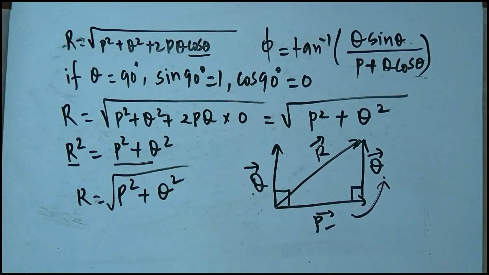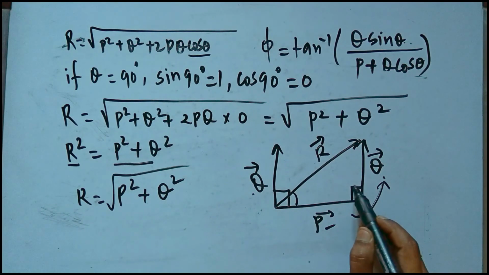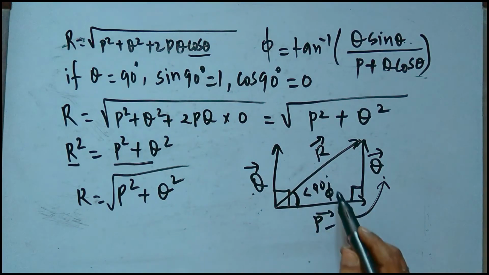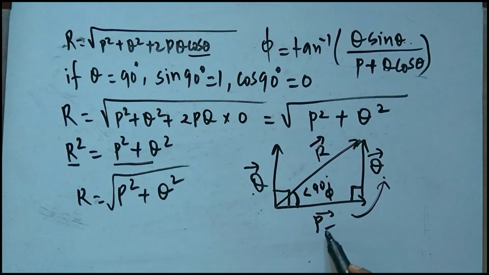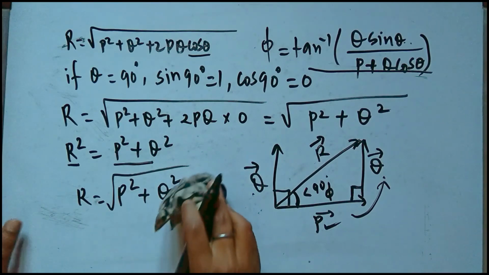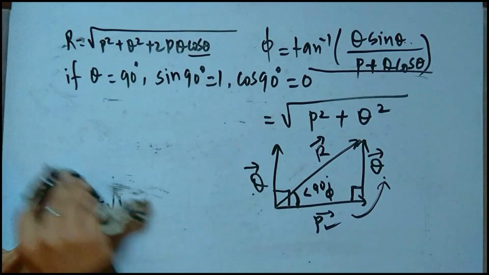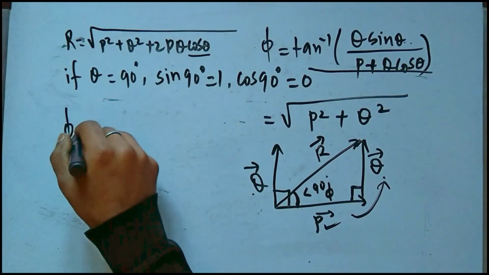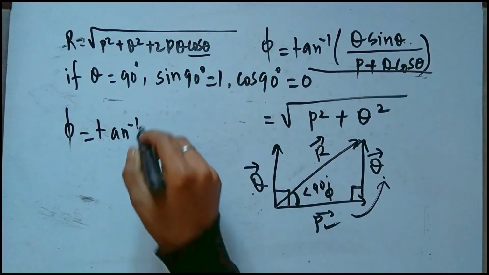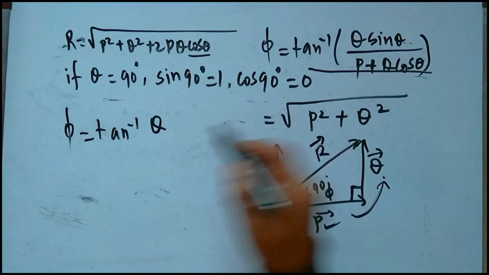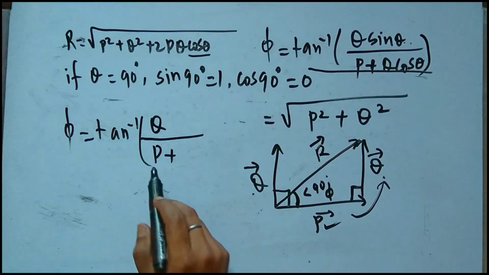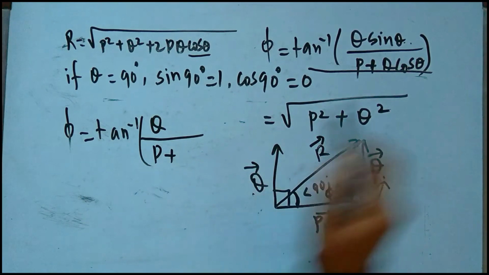Now how do we find the angle? Obviously, if this angle is 90 degree, this angle has to be less than 90 degree. If this phi is the resultant angle with respect to P vector, then we can find it using this formula. Let's see. So phi is equal to tan inverse of Q sine 90, and sine 90 is 1, over P plus Q cos 90.